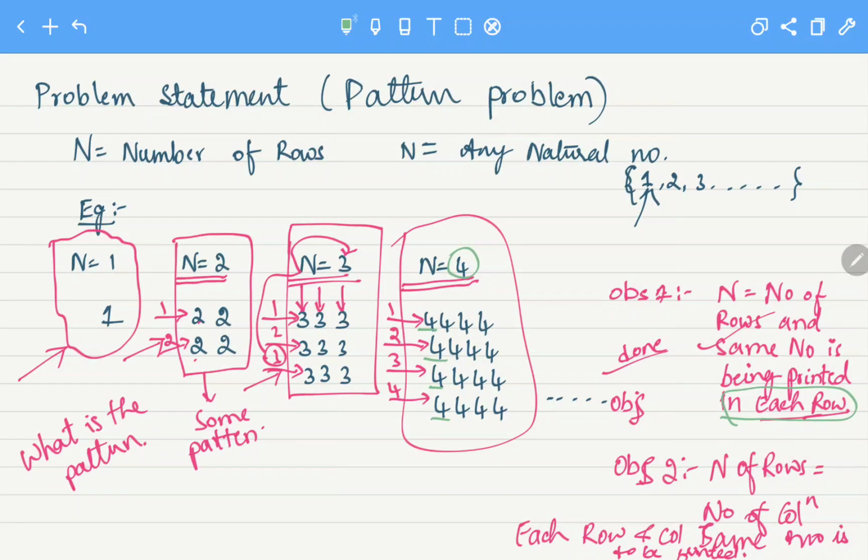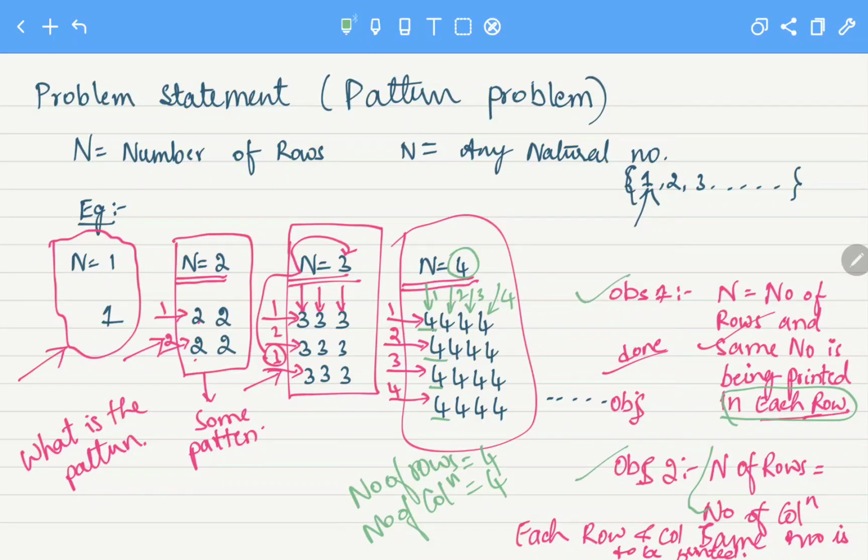And observation 2 says that the number of rows is equal to the number of columns. Let's check. Here the number of rows was 4. Checking the number of columns: 1, 2, 3 and 4. The number of columns was 4. Now both observations are met in this pattern.